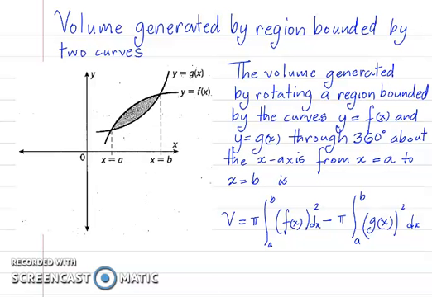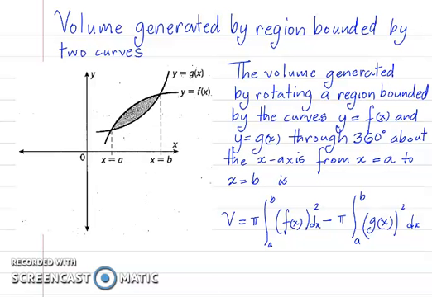All right, some simple points to note. One, a and b are the points of intersection of the two curves, and the volume generated by the region bounded by the two curves is simply the volume generated by the area bounded by the higher curve minus the volume generated by the area bounded by the lower curve, the x-axis, and of course the lines x equals a and x equals b.